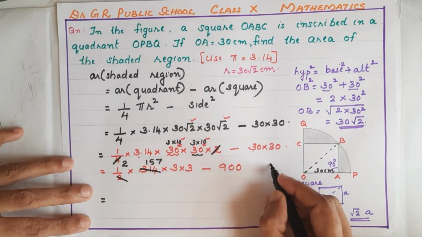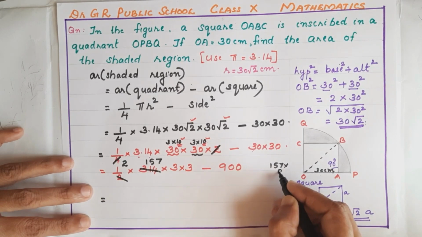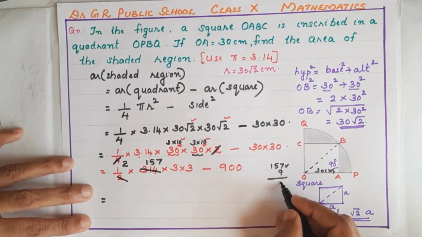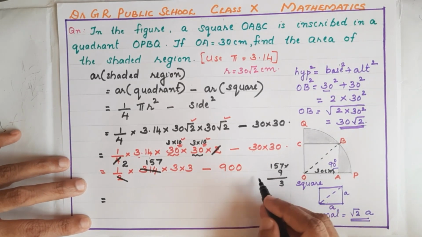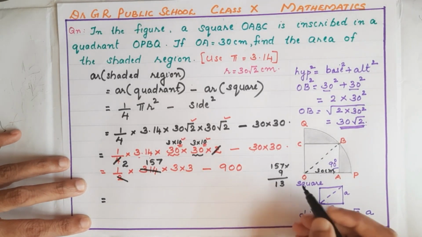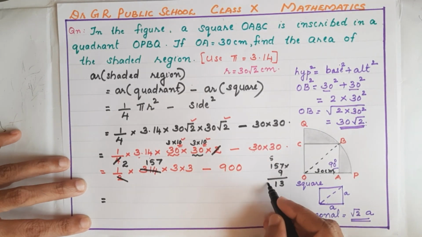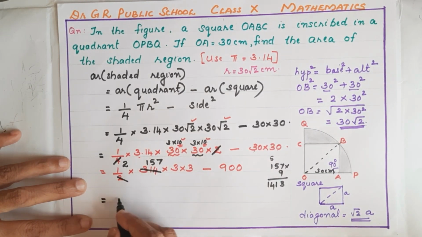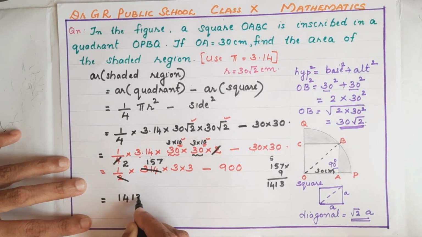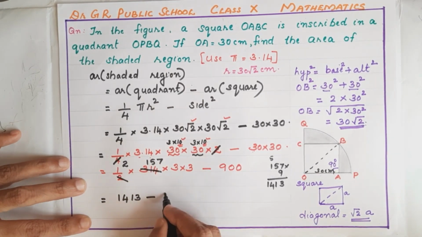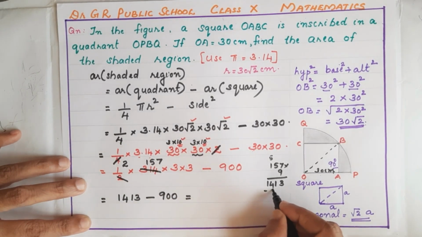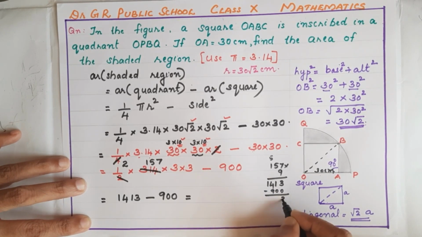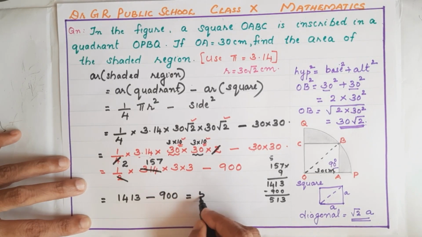What is 157 into 9? 7 nines are 63, 6 balance. 5 nines are 45 plus 6 is 51, 5 balance. Then 9 ones are 9 plus 5 is 14. So 1413 minus 900. What is 1413 minus 900? 513.